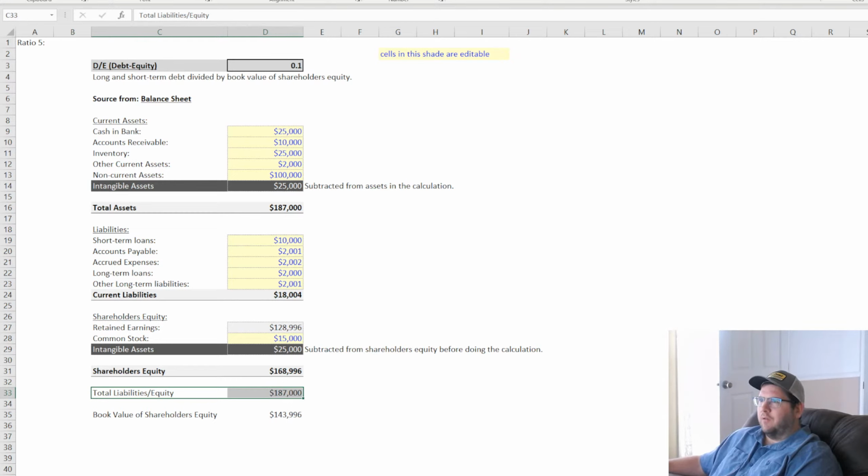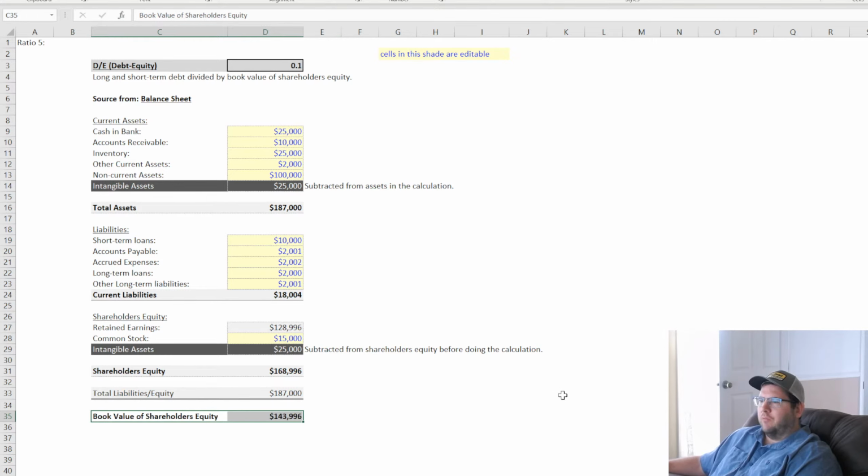Now, we only want the book value of equity.